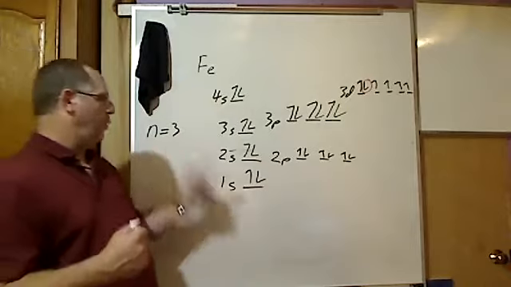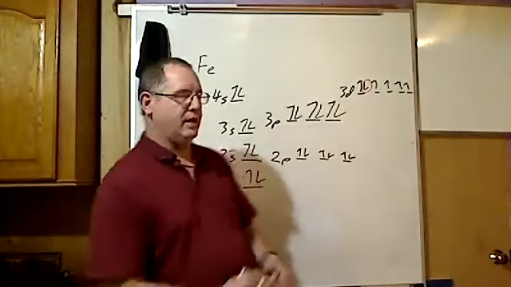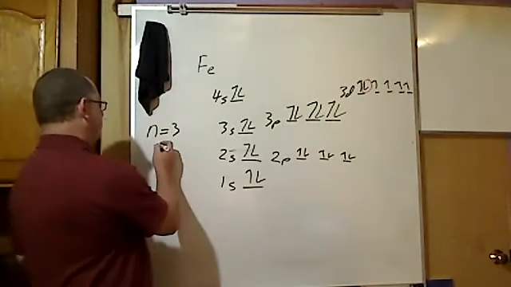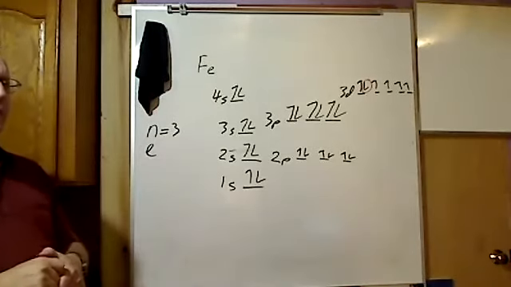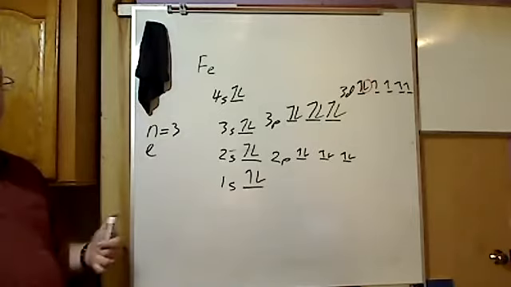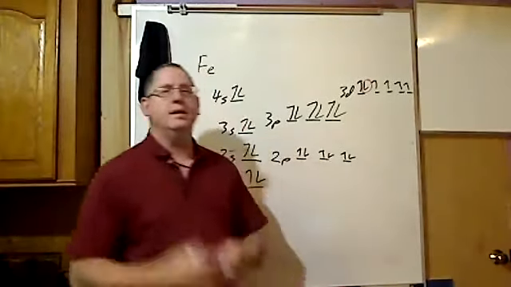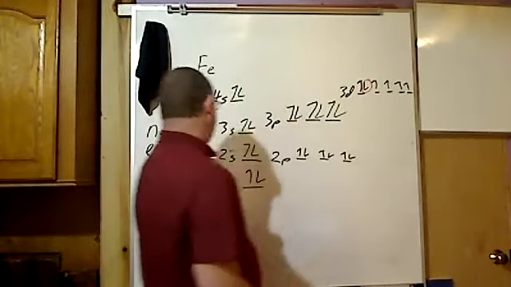So we'll have 1 s, 3 p, 5 d, and 7 f. The second quantum number, l, is basically going to be based on s, p, d, or f. s equals 0, p is 1, d is 2, f is 3. This particular electron is in a d, so l equals 2.